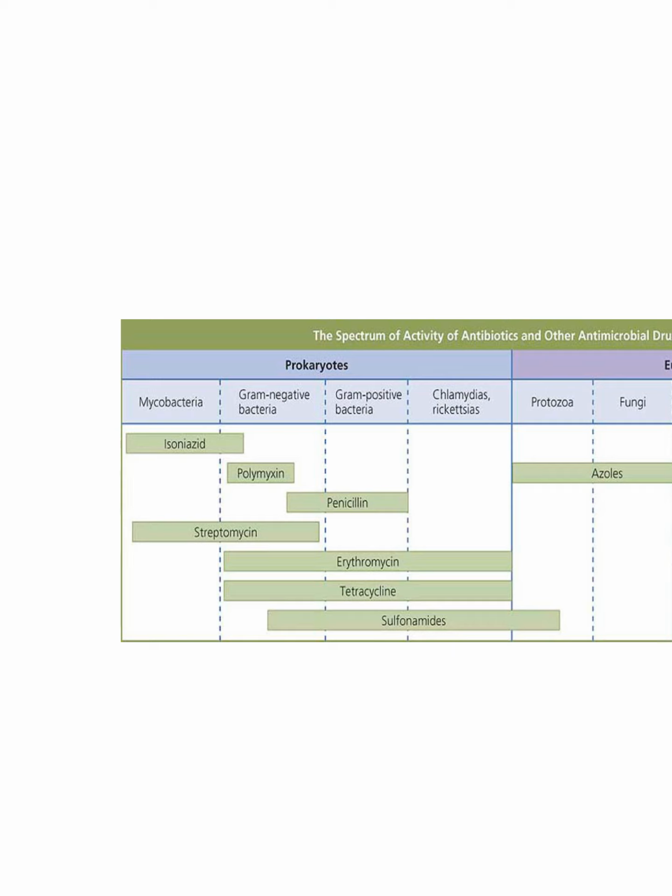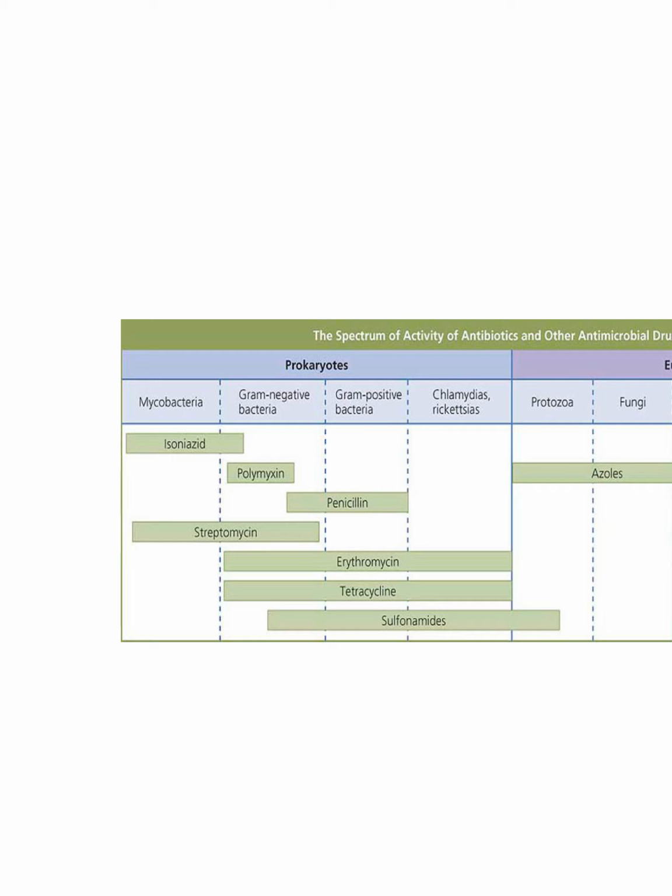Your sulfonamides, we did not go over their mechanism of action, but they do interfere with DNA and RNA synthesis, and they are broad in their spectrum of prokaryotic targeting, and they are also selective against a variety or array of different protozoan type substances.